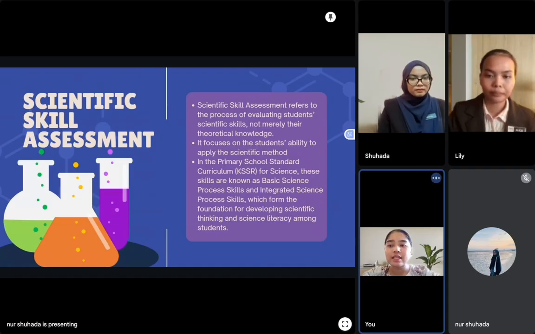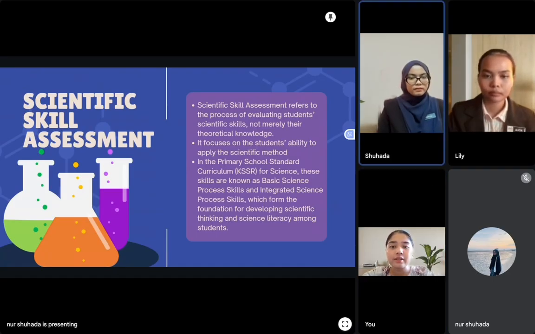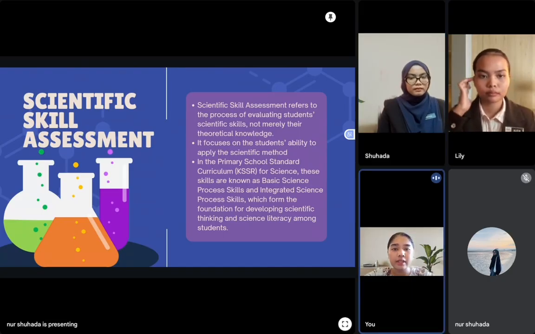Scientific skill assessment. As we know, scientific skill assessment refers to the systematic process of evaluating students' scientific skills, not merely their theoretical knowledge. It evaluates students' ability to apply scientific concepts and methods rather than merely testing their memory of theoretical understanding.